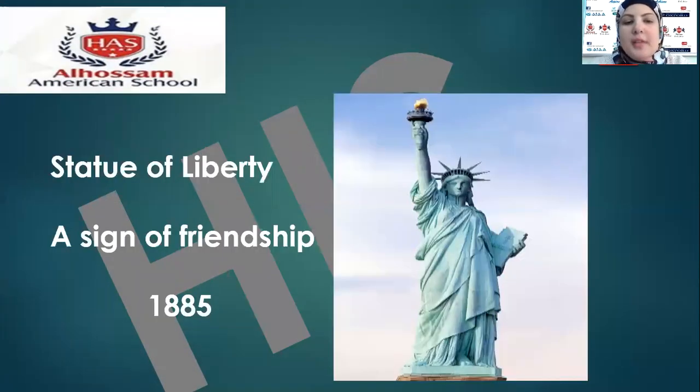The Statue of Liberty, as we have said, is a sign of friendship between both countries, America and France. France gave this statue in 1885 as a sign of friendship and good relation between both countries.